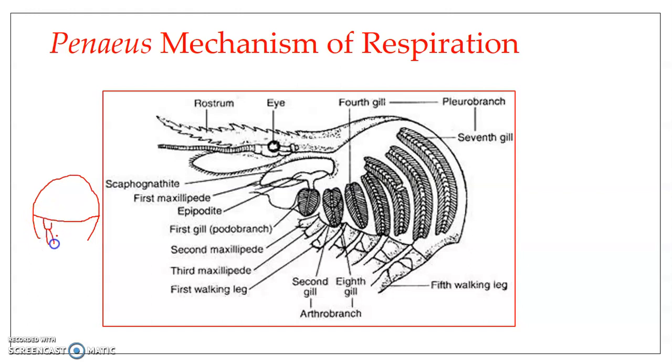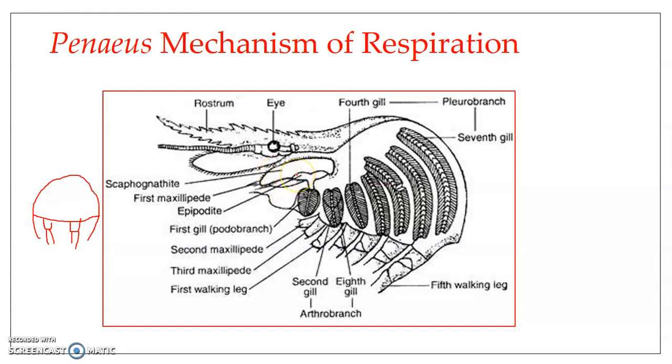So this is the pair of appendages, and this is the branchial chamber, isn't it? So you can see that the branchial chamber is open ventrally. Similarly, it is open anteriorly as well as posteriorly. And this scaphognathite of the second maxilla is placed at the anterior entrance of the branchial chamber.